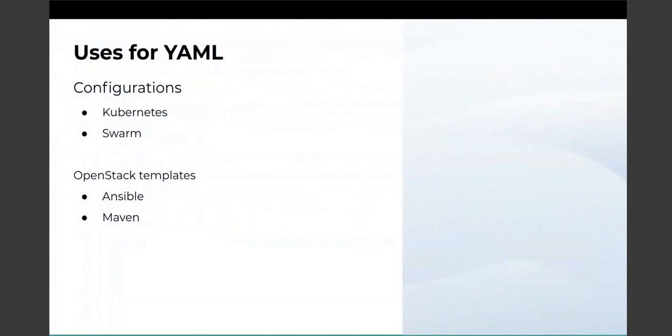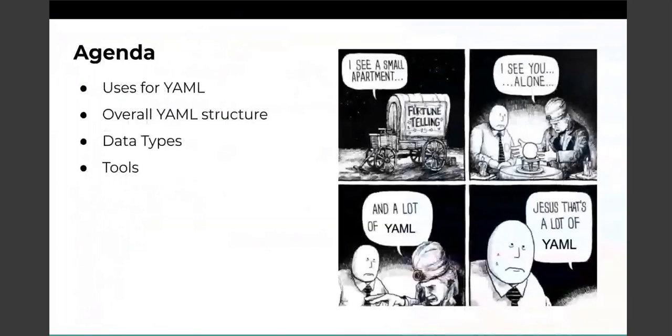All right, so there are different uses for YAML. And you can see that there are things like configurations such as Kubernetes or Swarm or lots of things like OpenStack templates, Ansible, Maven. You'll see it all over the place.